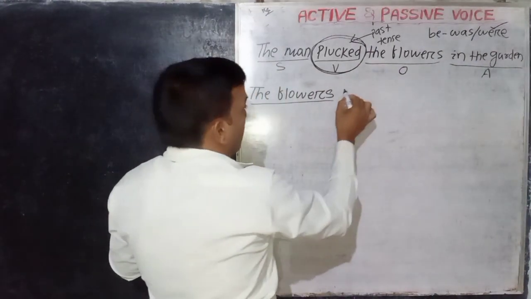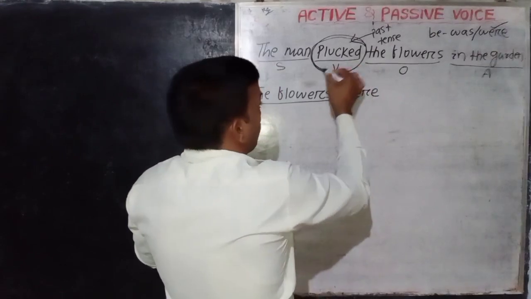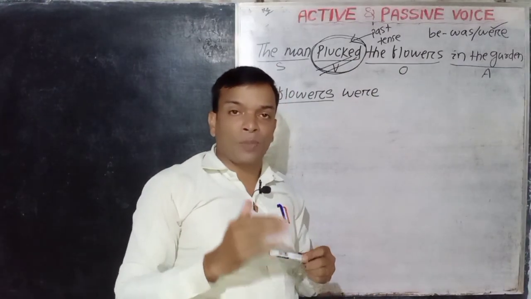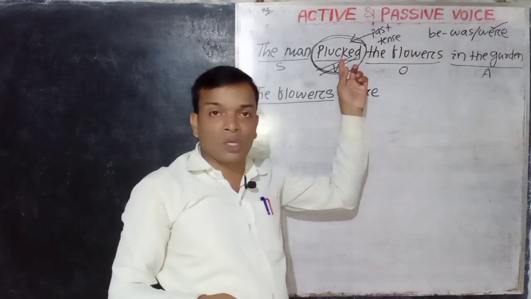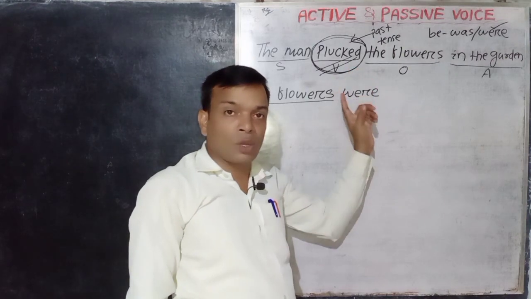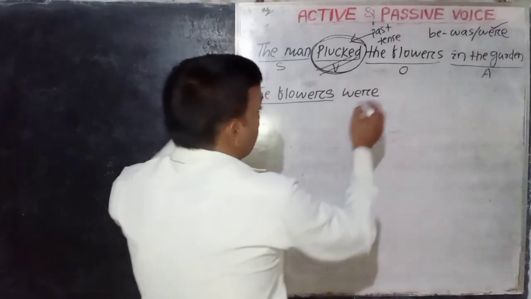Clear? So the flowers were. Then write the V3 or past participle form of the main verb. That is pluck, plucked, plucked. Plucked is in your past tense or V2 in your active voice, and always write the V3 or past participle of this particular verb. That is plucked.